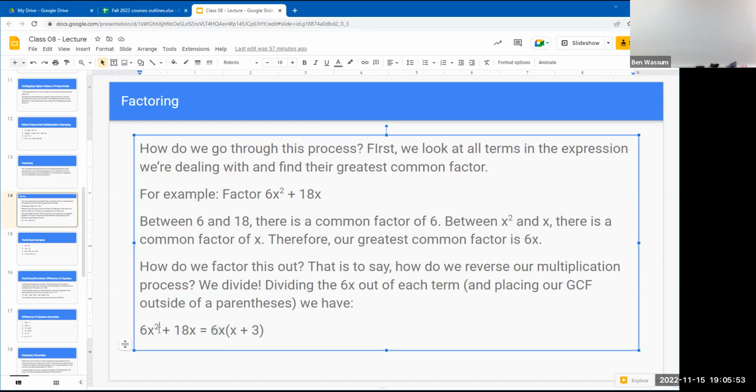So if I divided off the 6x from the 6x squared, I would have an x left. If I divided 6x off of the 18x, well, the x's are taken care of, but 6 out of 18, that leaves me 3, right? So you end up just pulling out the greatest common factor and making a parentheses of what you have left.